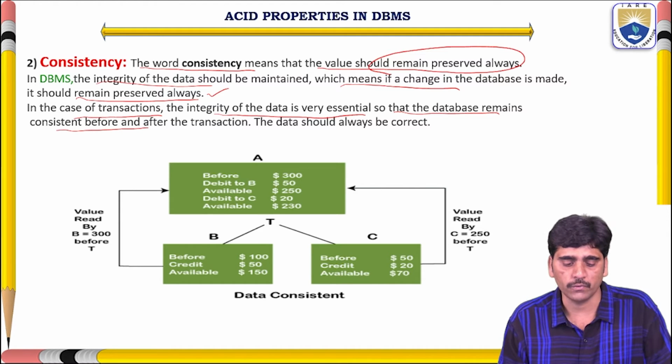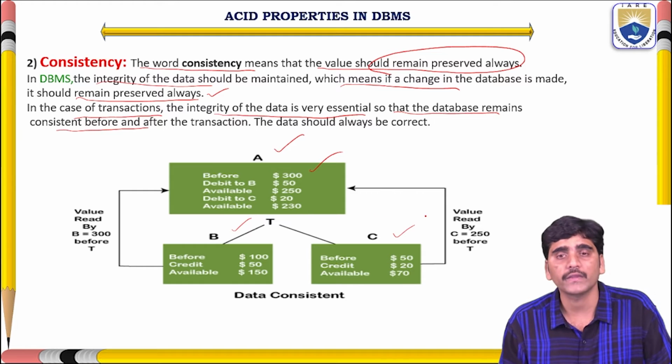See in this example. A has 300 rupees and he wants to perform operations with B and C. A account holder has 300 rupees and he wants to perform operations with B account and C account holders, right? We'll see how it will happen and how the consistency property remains, and that integrity does not have any problems.